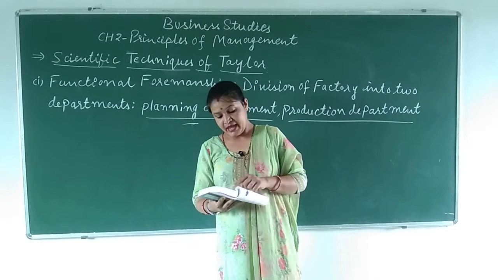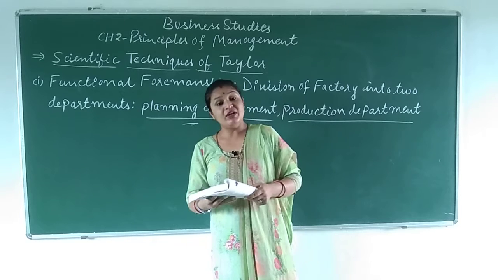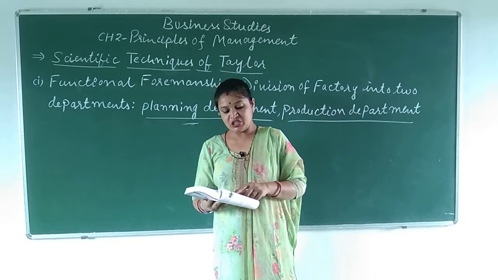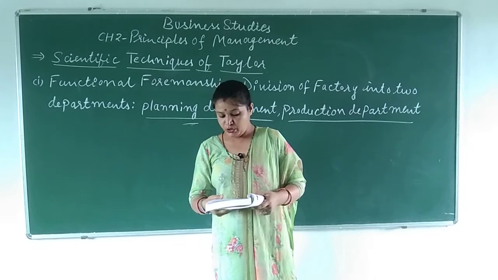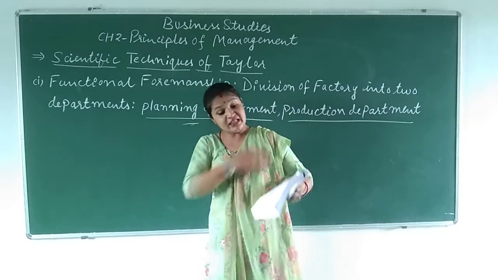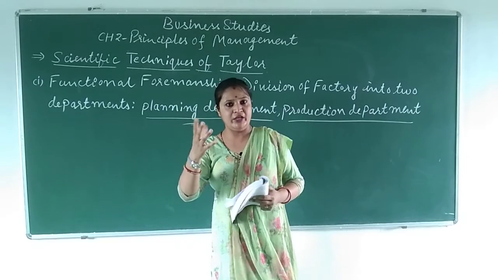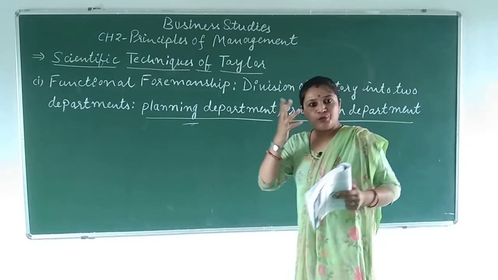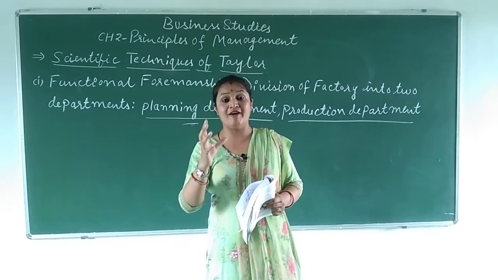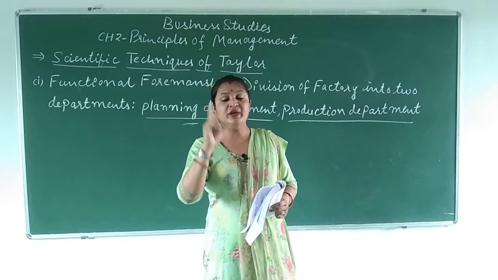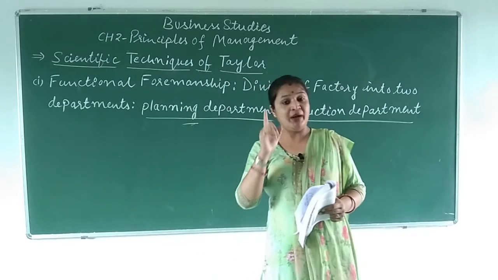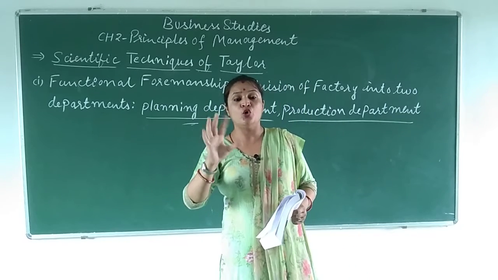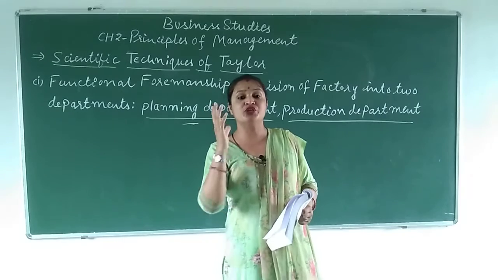To develop specialization in productivity, Taylor suggests that under each department there must be some functional experts. If the organization wants the quality of the product to be special, then for every department there should be one foreman, one supervisor, one expert who will see how the production is going on.